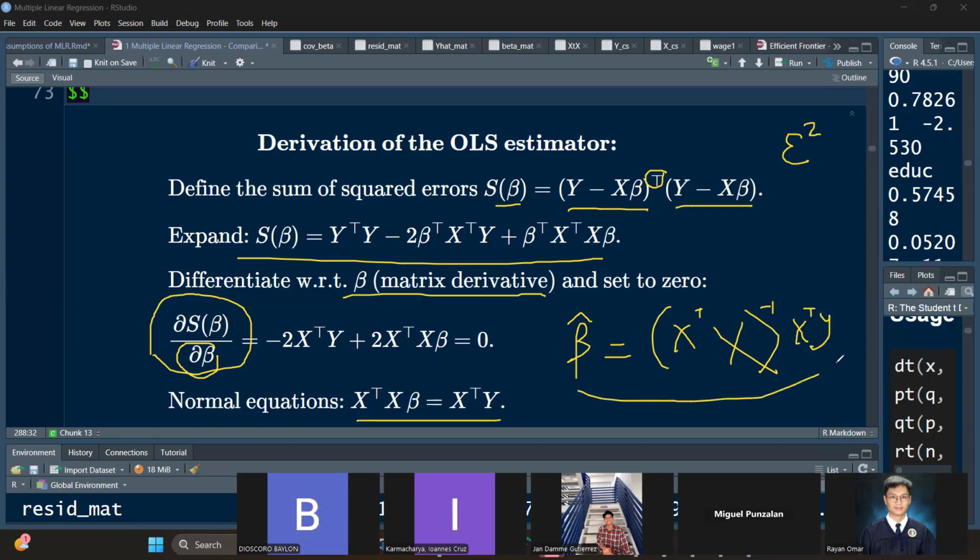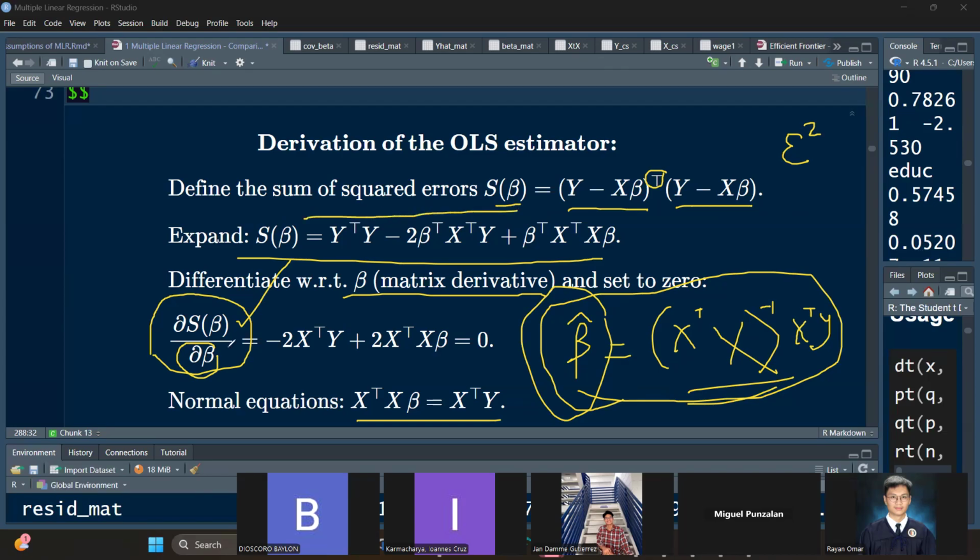So that, in a nutshell, class, is how you compute for your predictors. Again, this equation was born out of the fact that we are minimizing the errors. How do we minimize the errors? By differentiating your squared errors function with respect to the beta. So you get this equation, which when you solve for beta will give you this one.